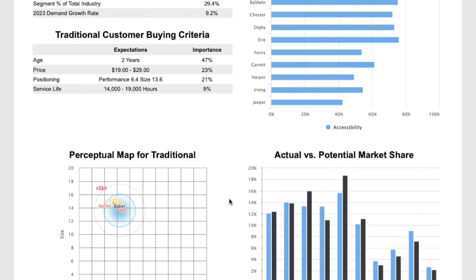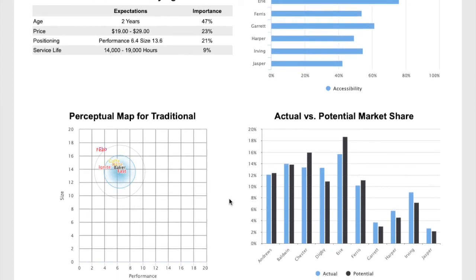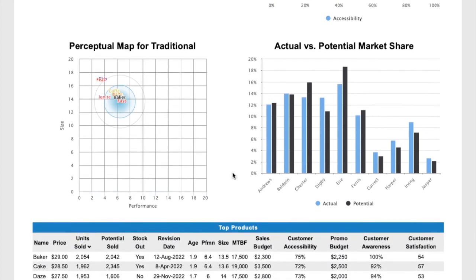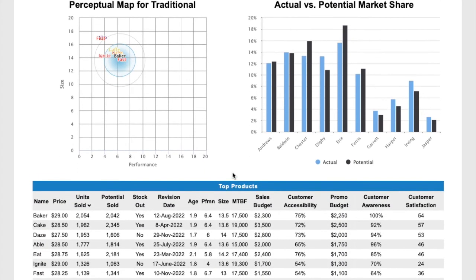Once again, when you look at the debrief, I want you to see whether your product is really at the ideal spot, so that you can have a better projection. Here I want to point out, for example, Team Baldwin, their promotion budget spent this much, and then they raised customer accessibility to 75 and customer wellness to 100.